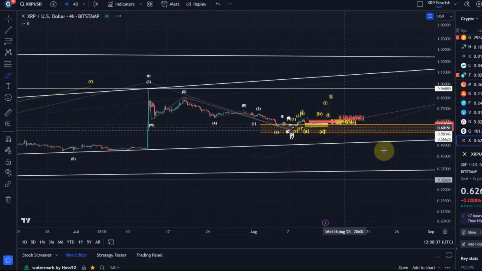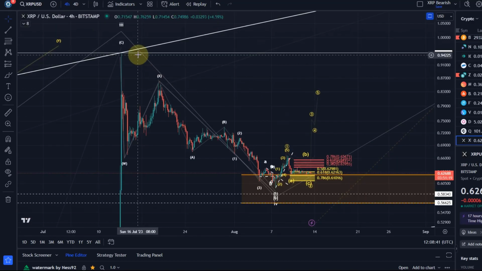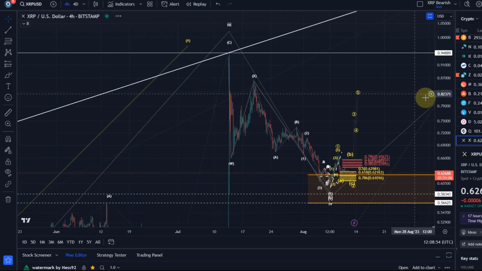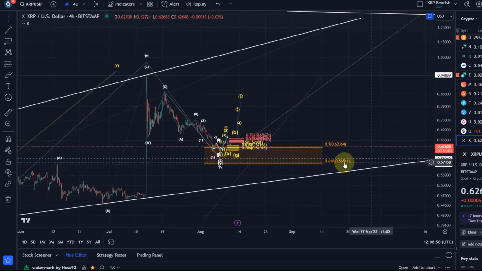Now let's go to the 4-hour chart and look at the detailed wave count. Here we are still looking at the potential that this was a wave 4, maybe finished, maybe not yet finished. It certainly hasn't given us any strong evidence that we already finished with this wave 4. This is critical now. It needs to hold the 56.5 cent level to give us an idea that this is still a wave 4 with a wave 5 to come.